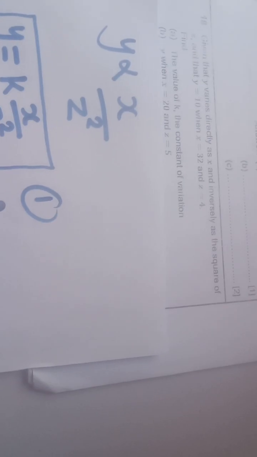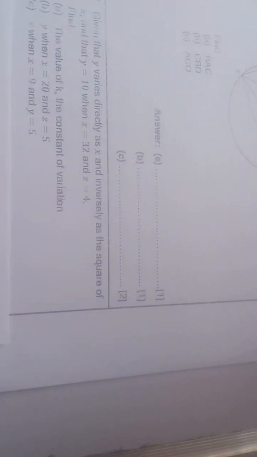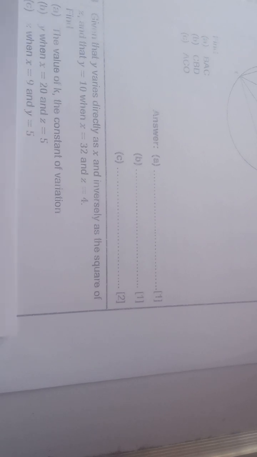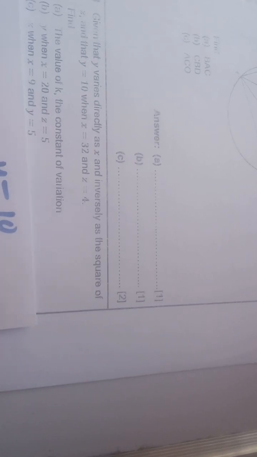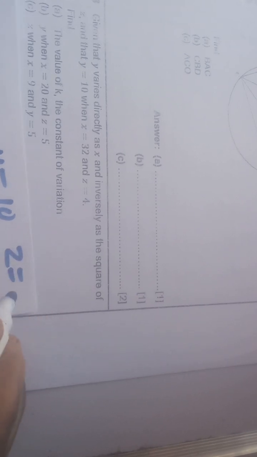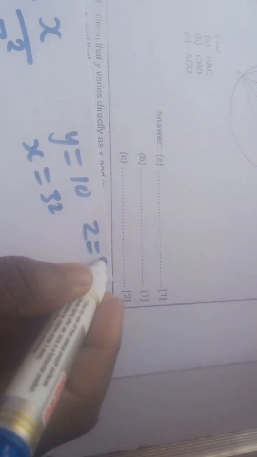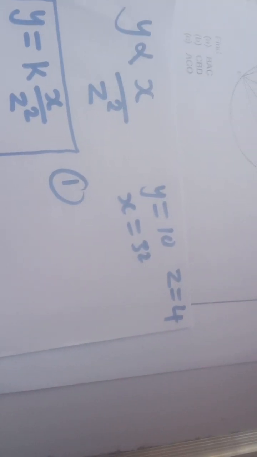We have been given in the question the value of y, which is 10, x is 32, and the value of z is 4. So we'll use this general equation to find the constant.